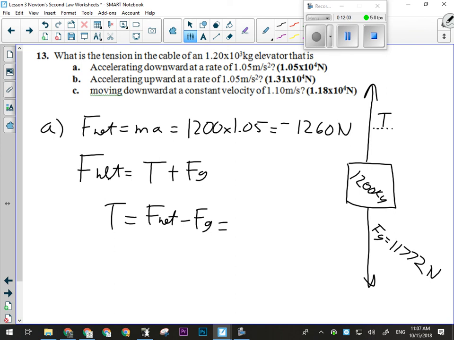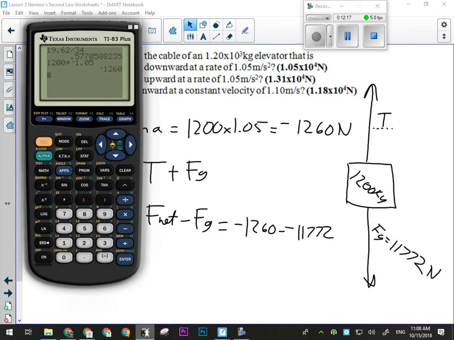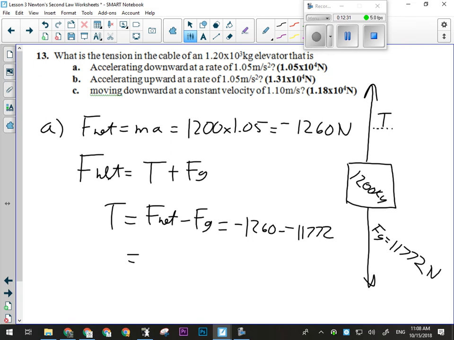So I'm going to have negative 1,260 minus negative 11,772. When I do that, the answer is 1.05 times 10 to the 4 newtons upwards.